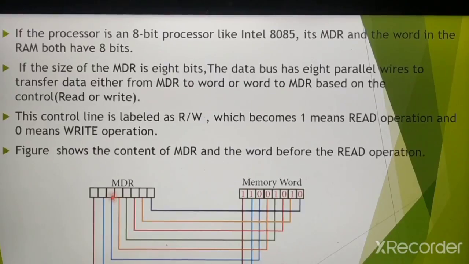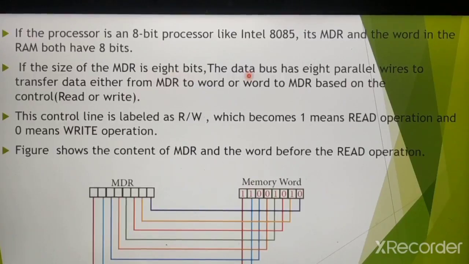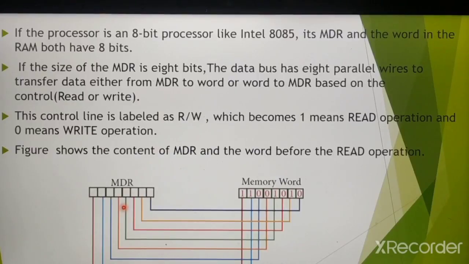To transfer the data from memory data register to memory or memory to memory data register, if the size of the memory data register is 8 bits, the data bus has 8 parallel wires. Transfer the data either from memory data register to word or word to memory data register.